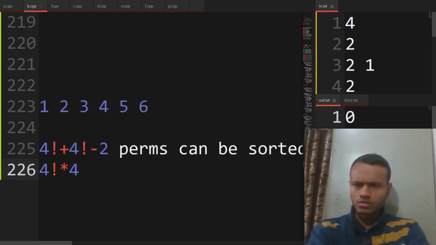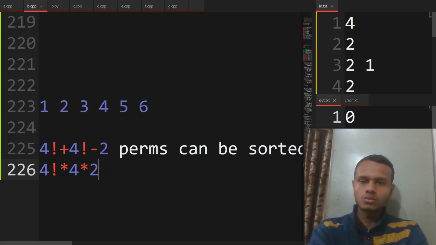So factorial 4 times 4. Yeah, 1 for when 1 is missing, the other one is when 2 is missing, then 3 and 4, right, plus 4 factorial times 4, when instead of 5, 6 is present.